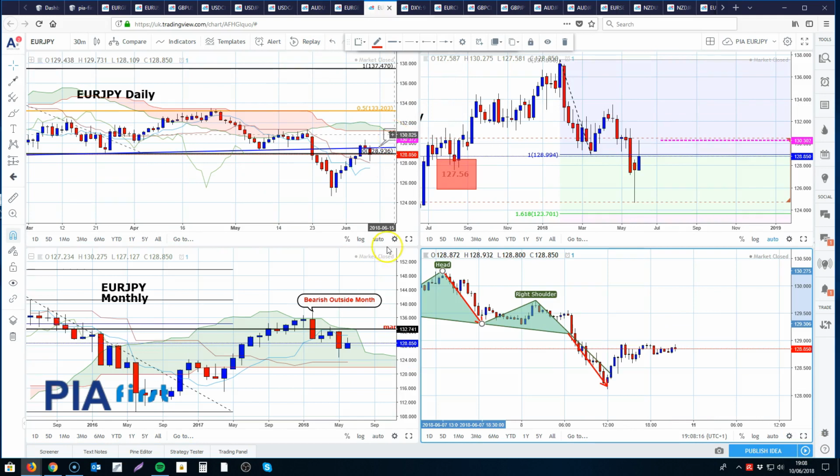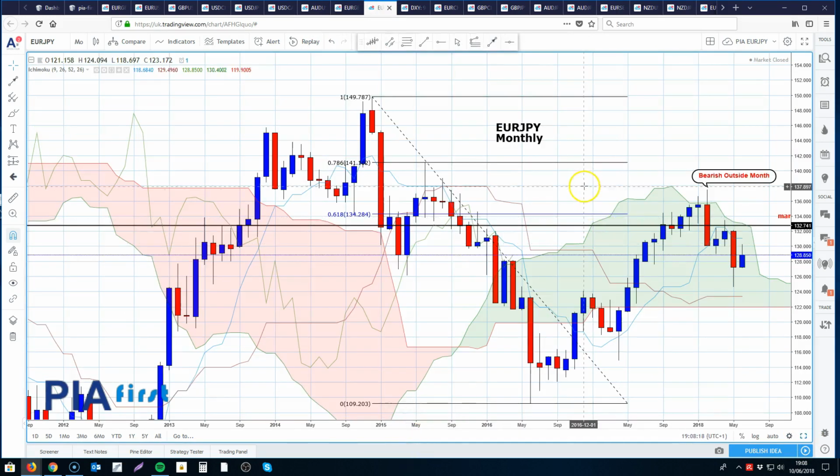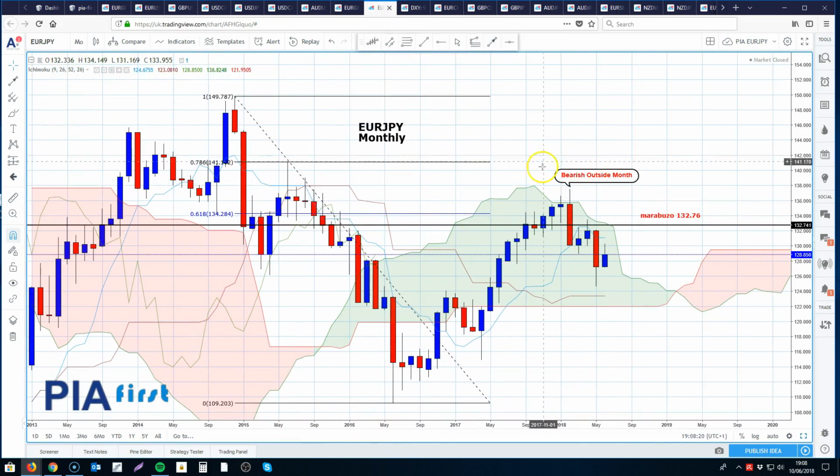Euro yen, let's look at all the time frames here. Monthly, bearish outside month. The Marubozu level, which is the midpoint from the open and the close, did hold back a rally in April, but we have seen a move to the downside. We're now inside the Ichimoku cloud.